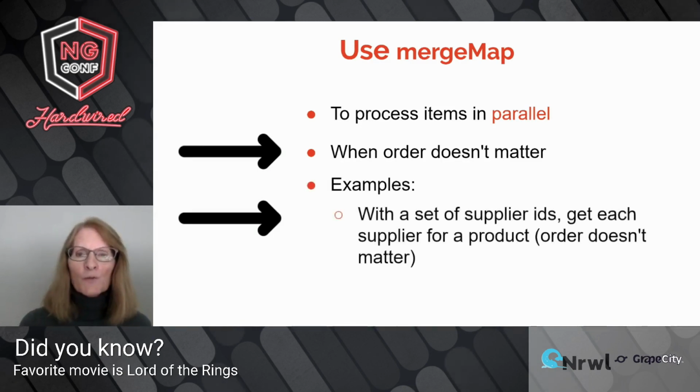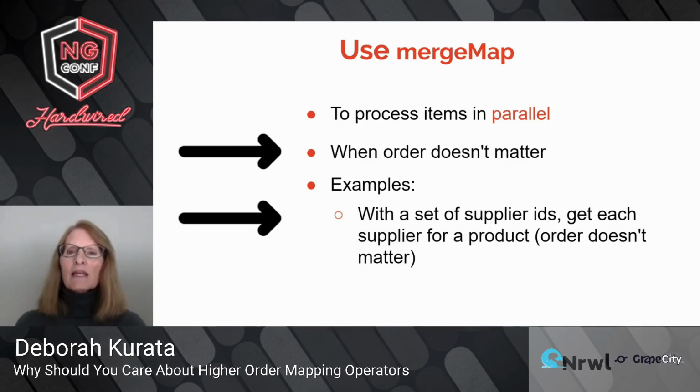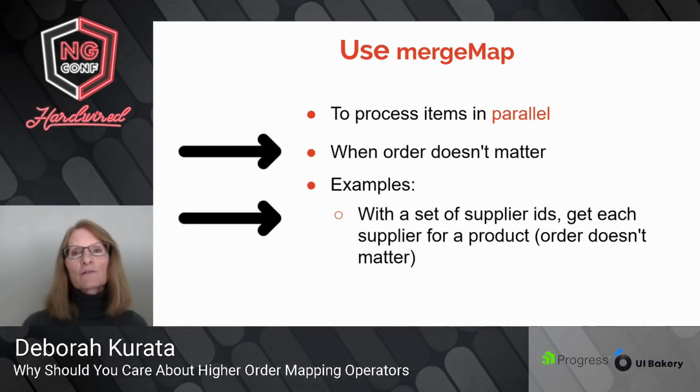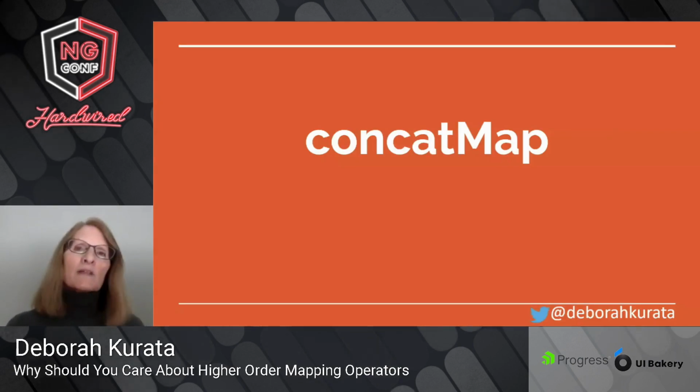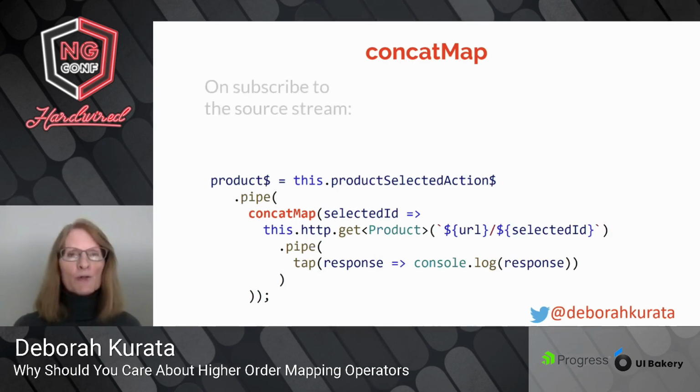Some examples of when to use mergeMap: say you have a set of IDs and you want to get all of the suppliers for a product when order doesn't matter. It can send off the request for all of them all at the same time and get all of their values back. The next one we want to talk about then is concatMap. concatMap starts just the same as mergeMap did.